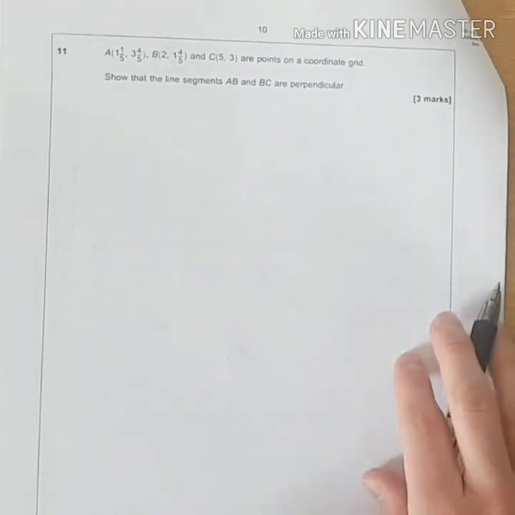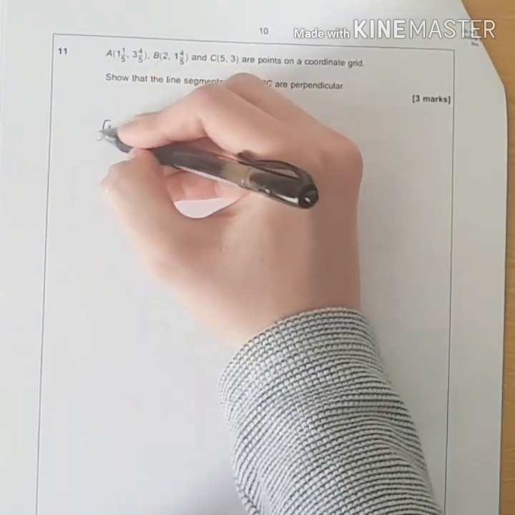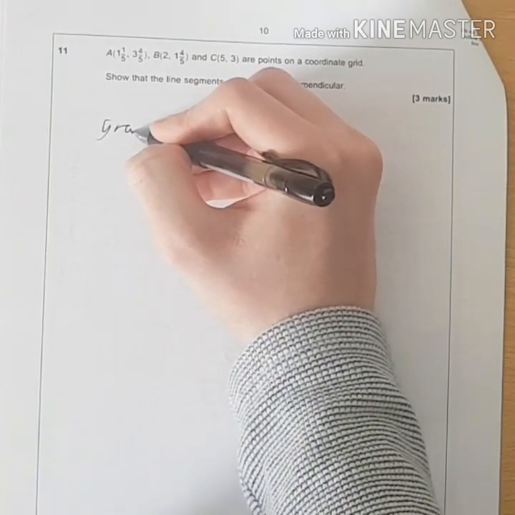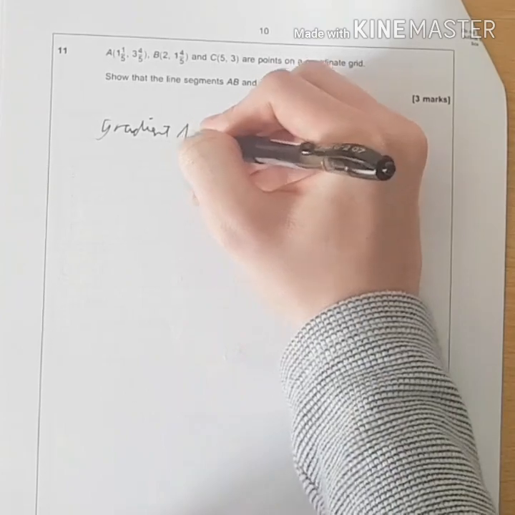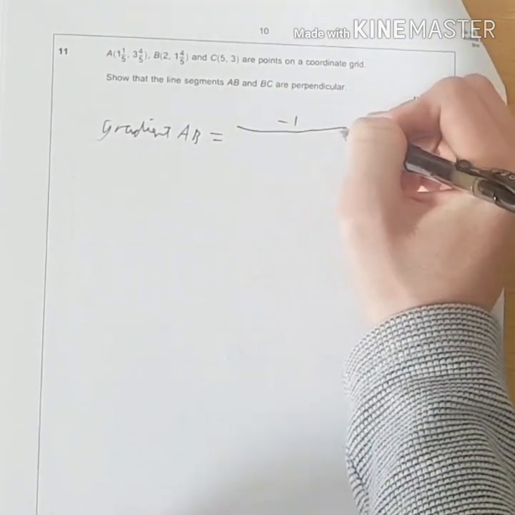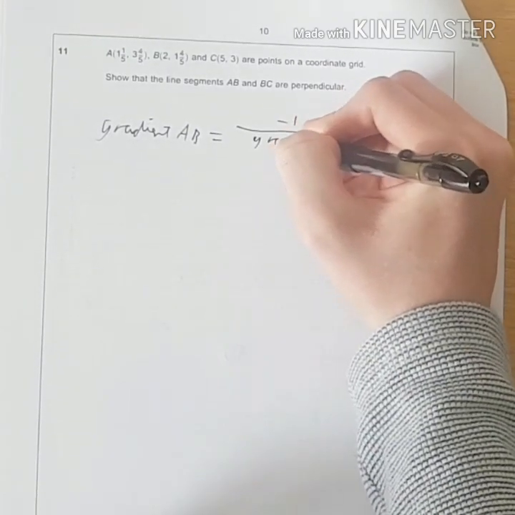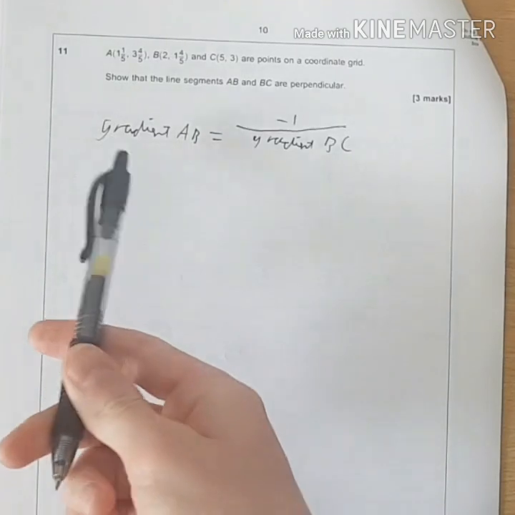The gradient of one of them is equal to the negative reciprocal of the other gradient. So the gradient of AB is equal to -1 divided by the gradient of BC. We can keep this in mind throughout this question.